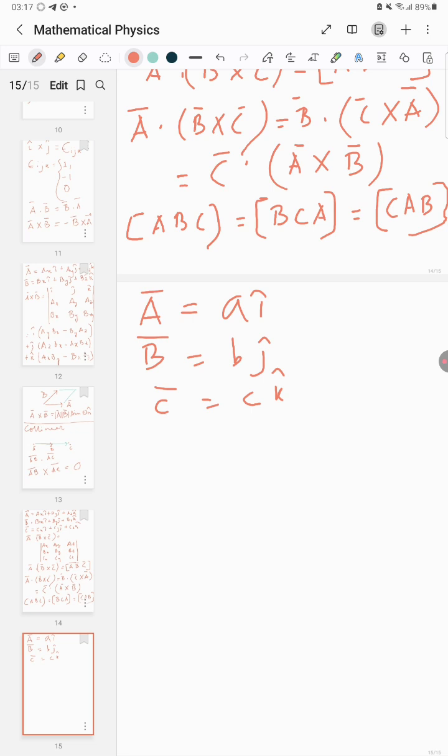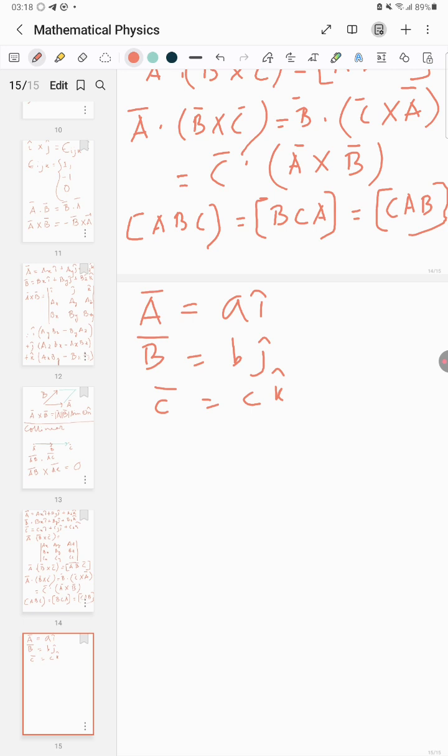Now A i cap being its length, B j cap being its breadth, and C k cap being its height, we know that the volume would definitely be ABC: length into breadth, that is area, into height, which gives us the volume.